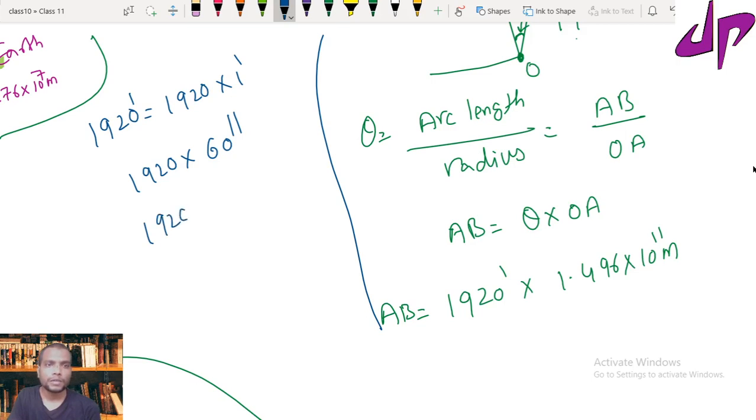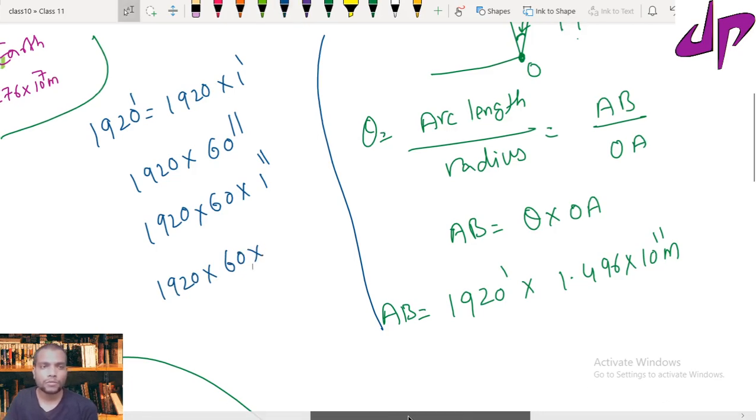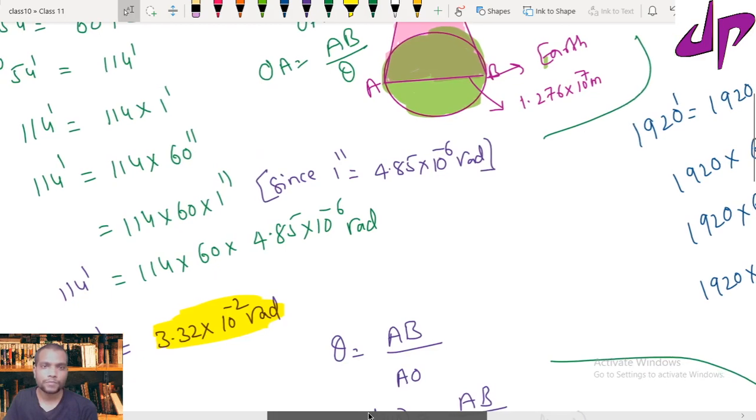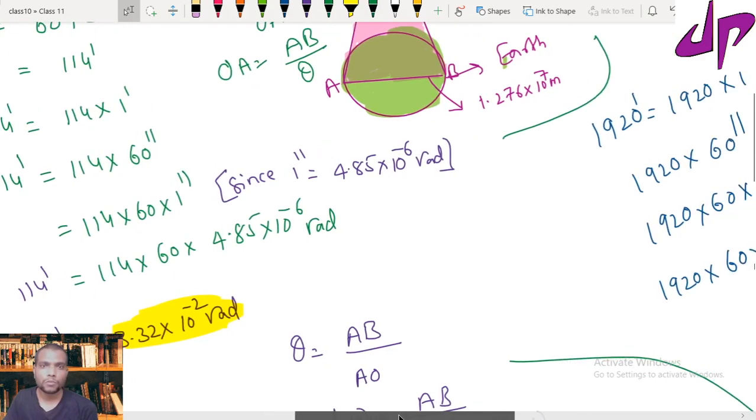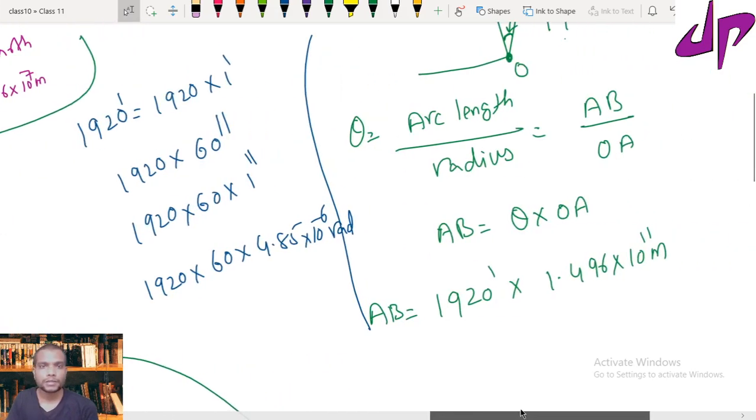So 1920 times 60 times 1 second. The value of 1 second we take from before: 1 second equals 4.85 times 10 power minus 6 radians. Now we have everything in terms of radians.